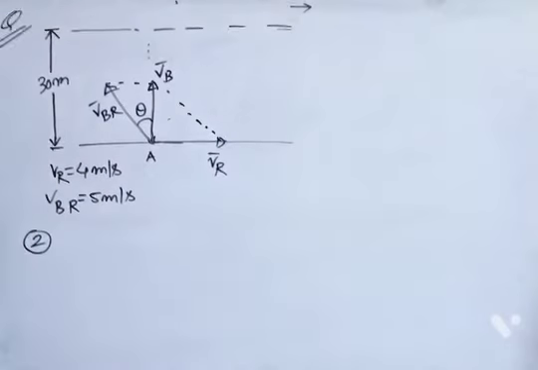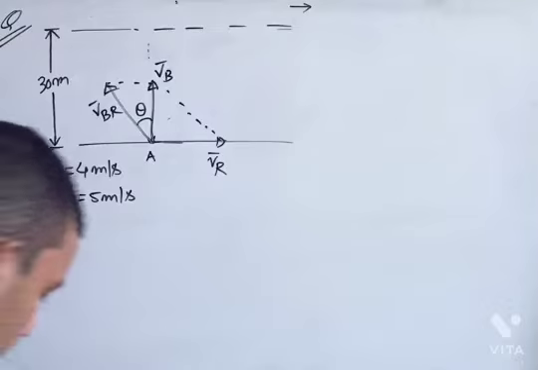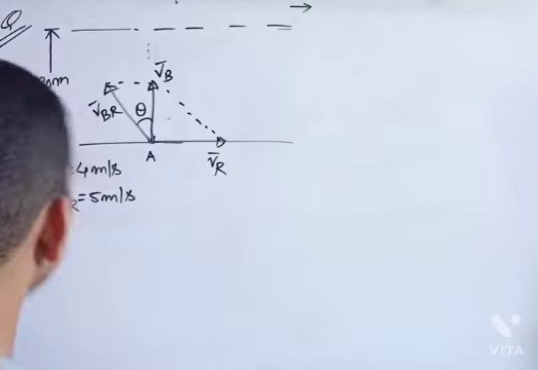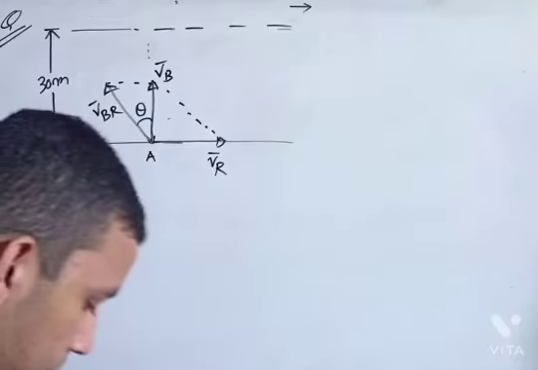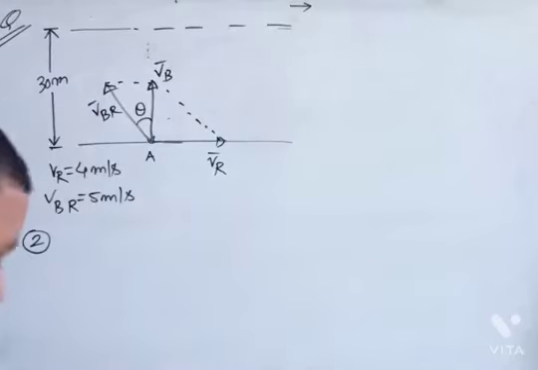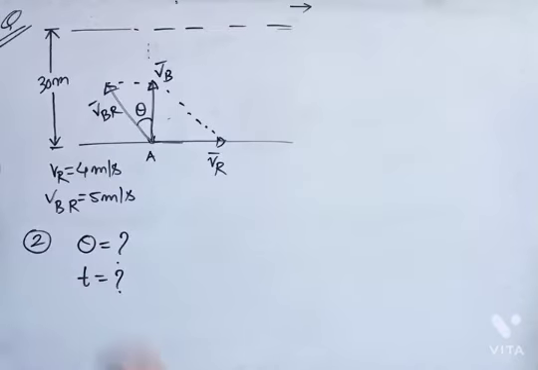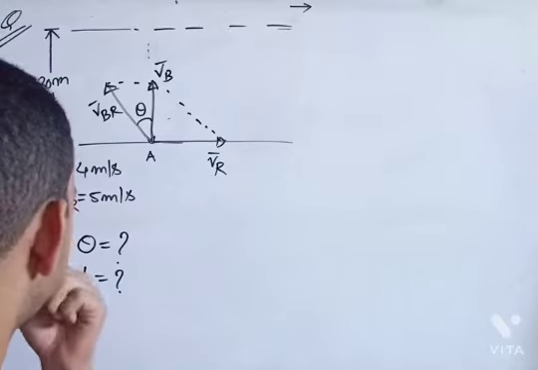Now we have to find the direction in which he should row his boat. That means we have to find angle theta and the time taken to cross the river in this case. We know that VBR is equal to 5 meter per second and VR is equal to 4 meter per second.